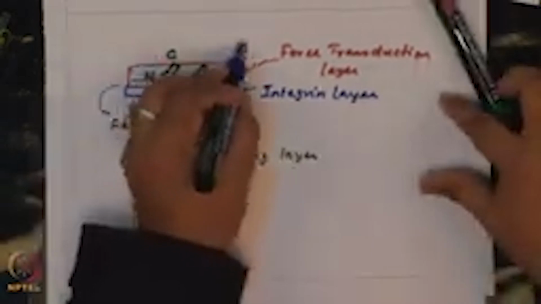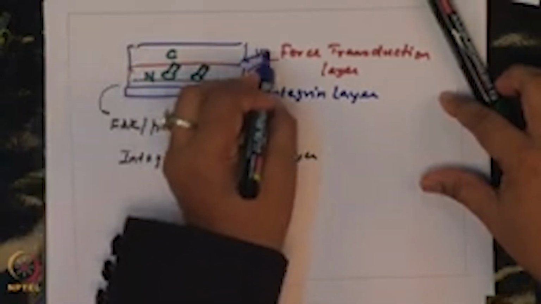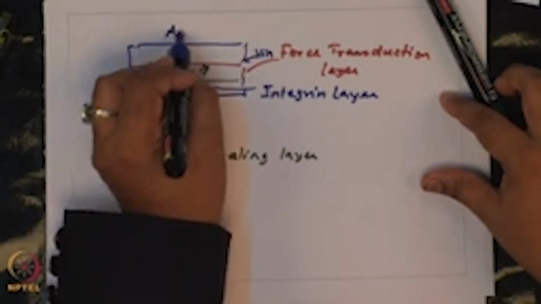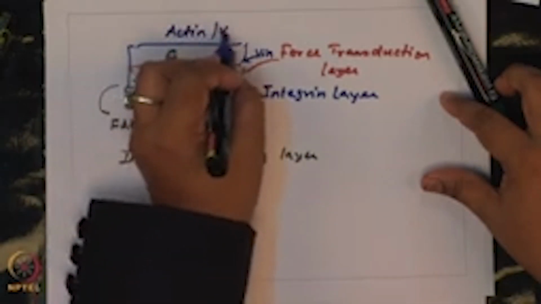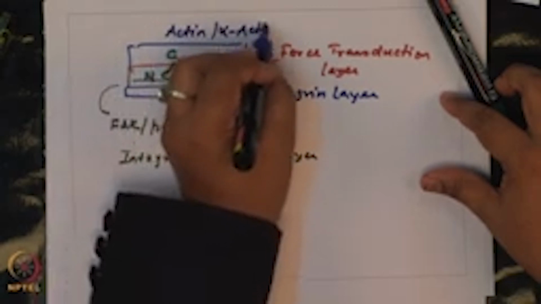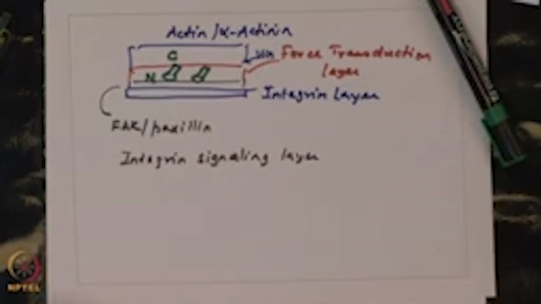Vinculin was also here, and on top you have actin and alpha actinin. So, this shows that there is a gradation or spatial localization of proteins within the focal adhesions. It is not like a blob.